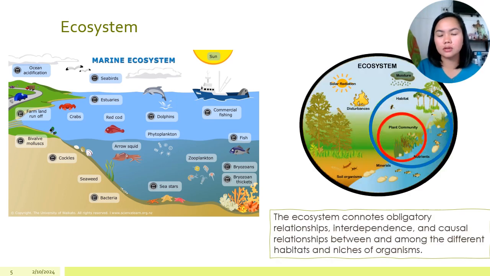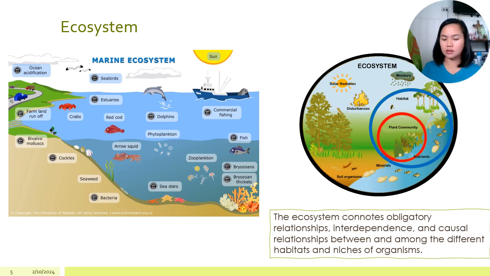And we have said here that the ecosystem connotes obligatory relationship, interdependence, and causal relationship between and among the different habitats and niches of organisms. So what do we mean by this? When we say obligatory relationship, each organism has a role to play so that other organisms will survive.